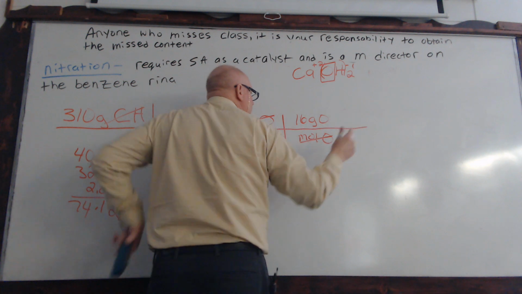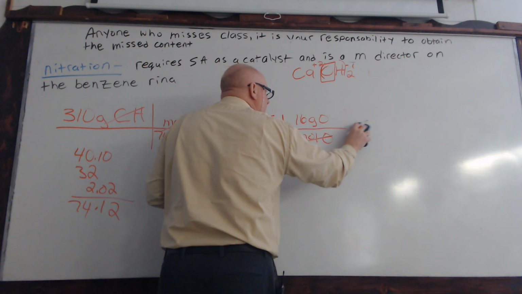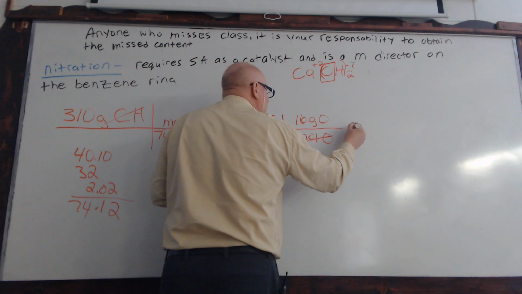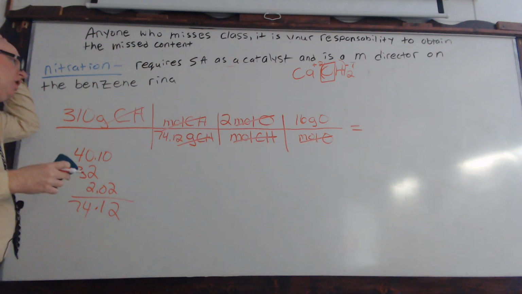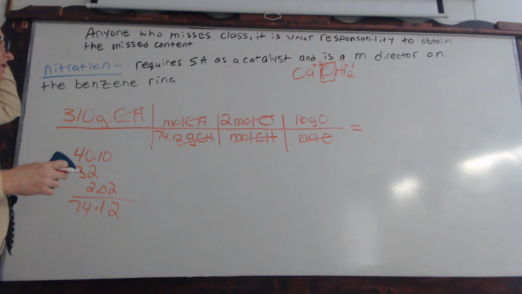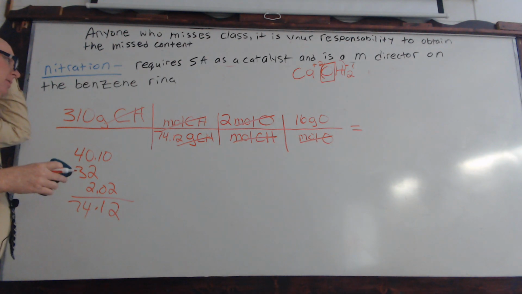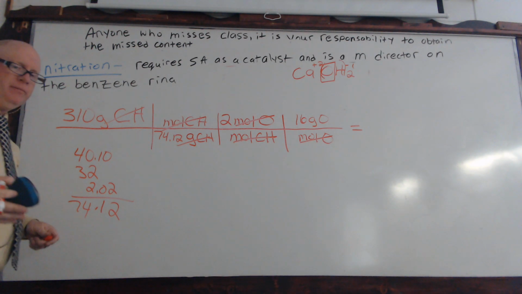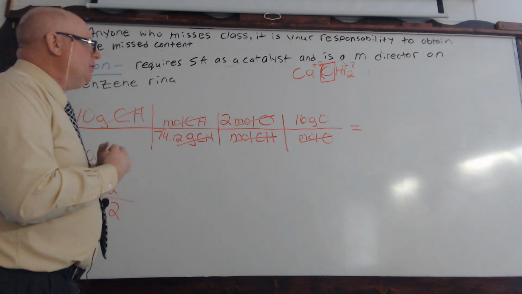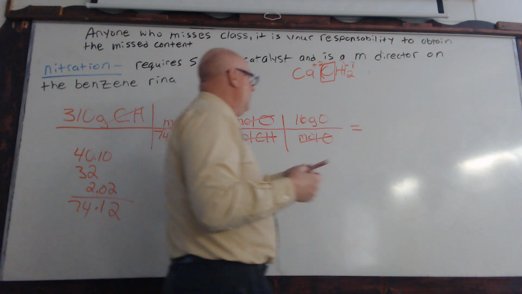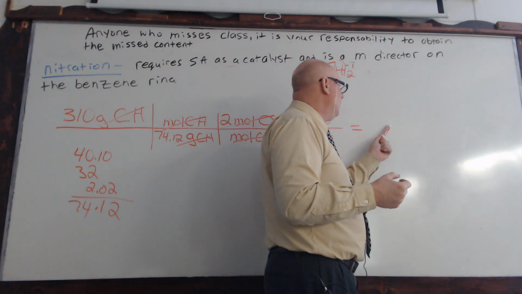Now we've just isolated it to the oxygen, and that's what we're looking for. So how many numbers are you multiplying across the top? 3. Okay, and then your final step is dividing by 74.12. And that would give you the amount of oxygen in here.